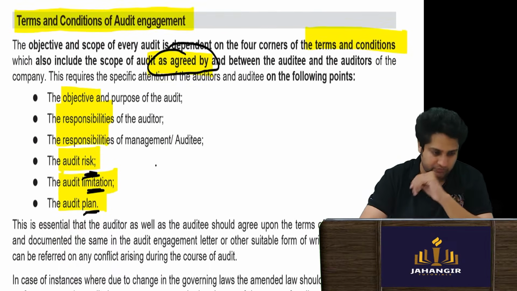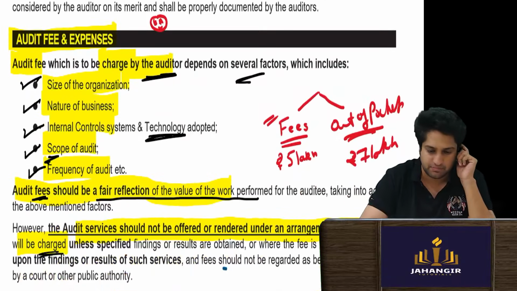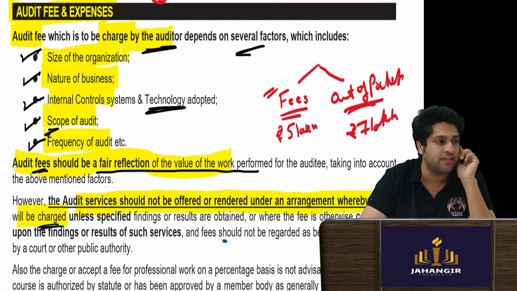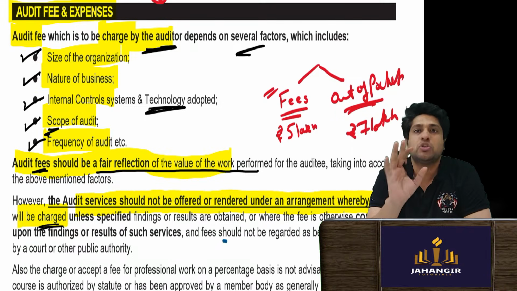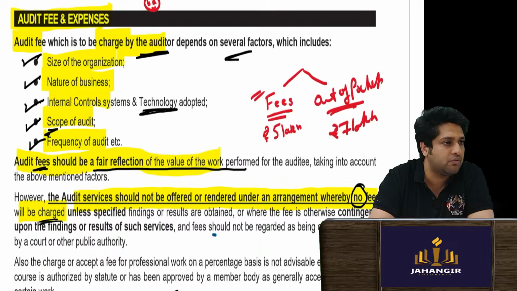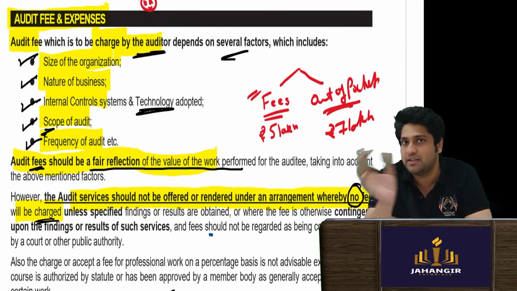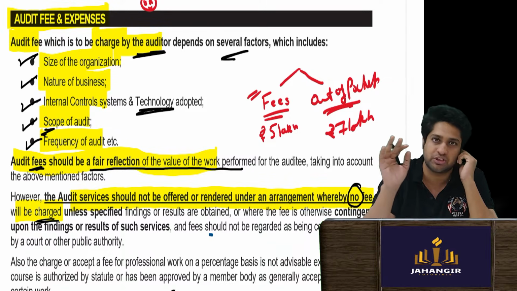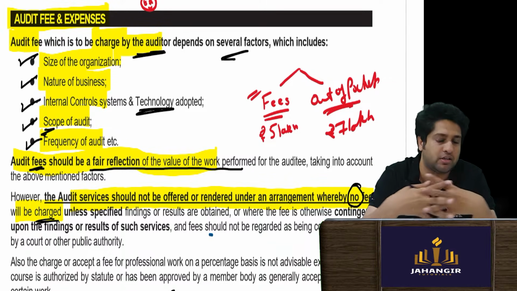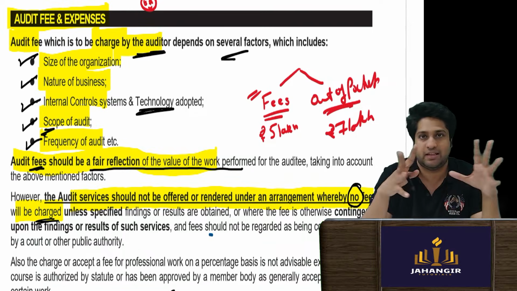Terms and conditions of the audit, very simple. The audit fees will be mentioned. Now, in audit fees, what all is to be covered? The law will not tell you what fees are to be charged. It is a commercial decision between the auditee and the auditor. But they will say one thing. Then what do we write?